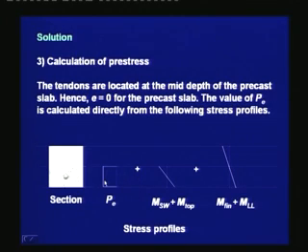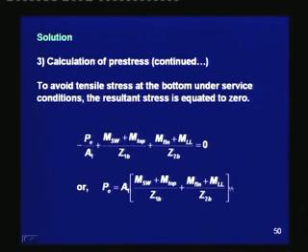That means PE generates a uniform compressive stress, then the self-weight and the topping load generates a stress profile like this, and finally we have the finish loads and the live load moment, which is acting over the full composite section. From these stress profiles, we can say to avoid tensile stress at the bottom under service conditions, the resultant stress is equated to 0.